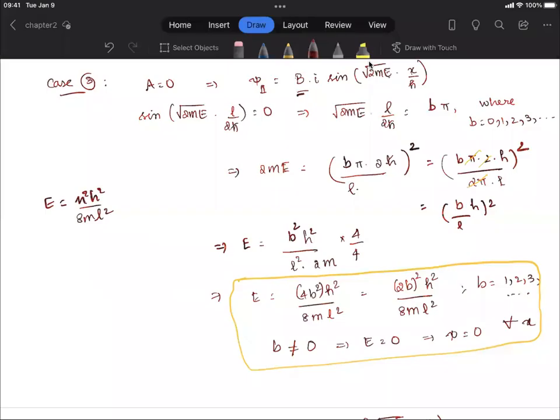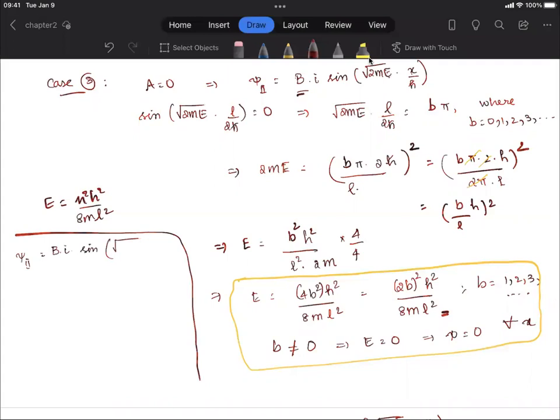So now that we know the value of E, I'm just going to write the wave function here. The wave function is going to be B times I times sine of root 2mE x over h bar.